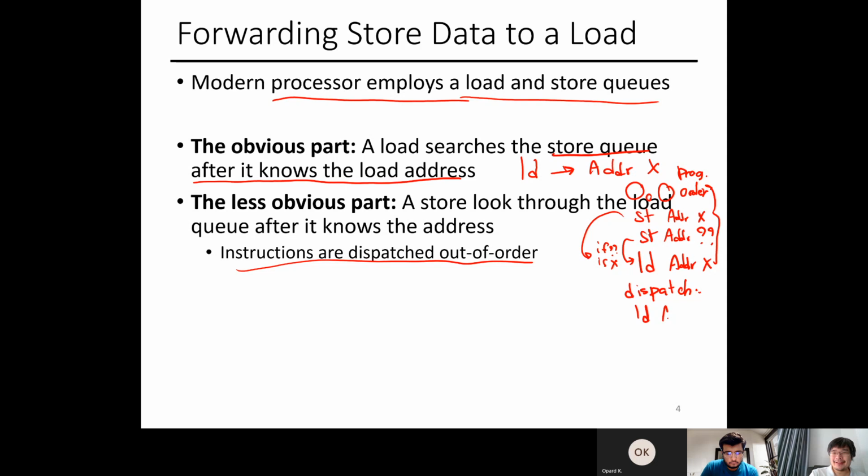The load comes first. And then you have a store to address question mark. And then the last one was the first store, address X. So it means that the load might want to get the data from these two stores, right? So when you have a store instruction, you also have to check the load queue. Are there loads that should come before me that are waiting for my address?